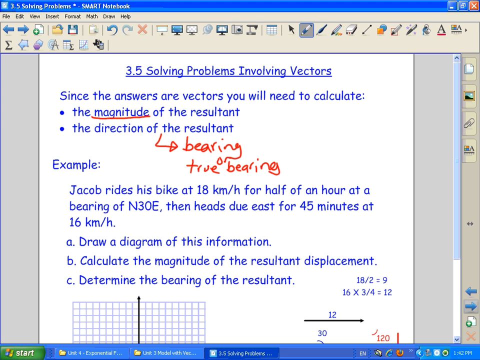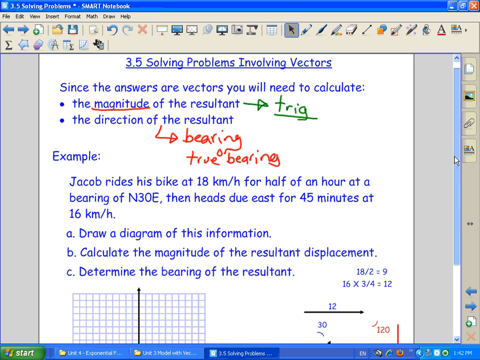And in order to find the magnitude, depending on what type of triangle or shape we create, we'll probably be using a lot of trig today. If we have a 90-degree triangle, then we can use SOHCAHTOA, but if we don't, we're going to be using the cosine law and the sine law.